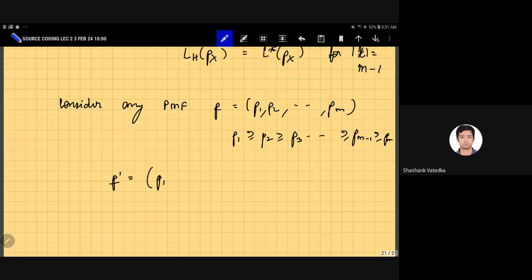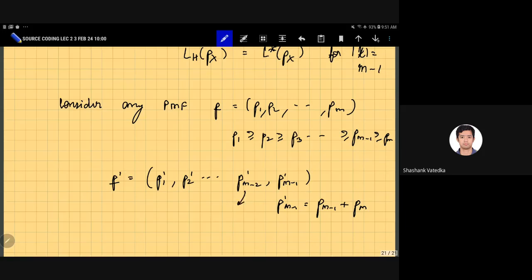So P prime is the PMF P prime 1, P prime 2, up to P prime m minus 2, and P prime m minus 1, where P prime m minus 1 is equal to P m minus 1 plus P m. So basically I merged the two symbols with the least probability.